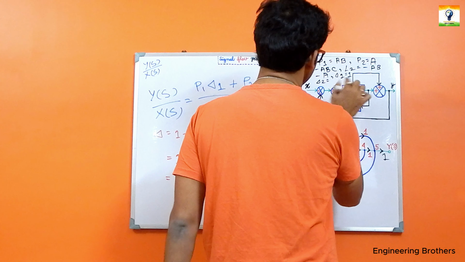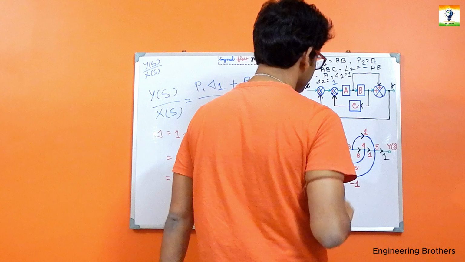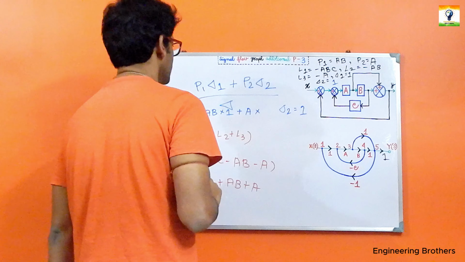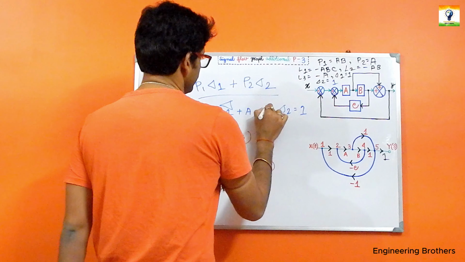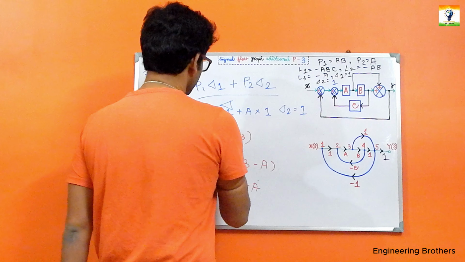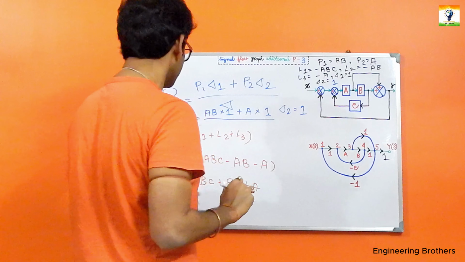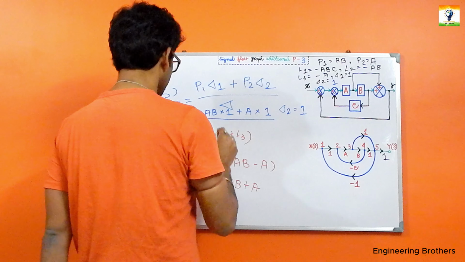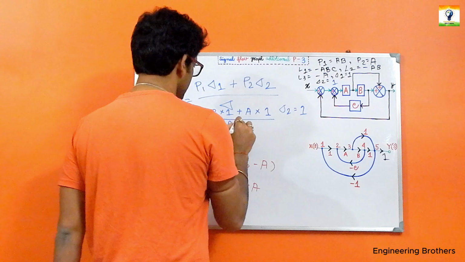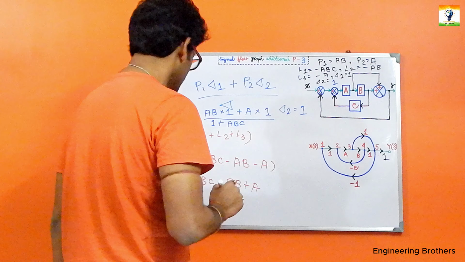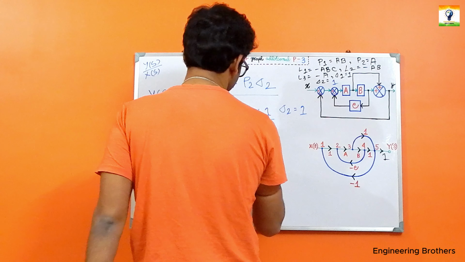Okay, this one should be our 1. P2, that is A multiplied by 1, divided by the expression we have just come out with for our delta. Let us put that over here, which is 1 plus ABC plus AB plus A.